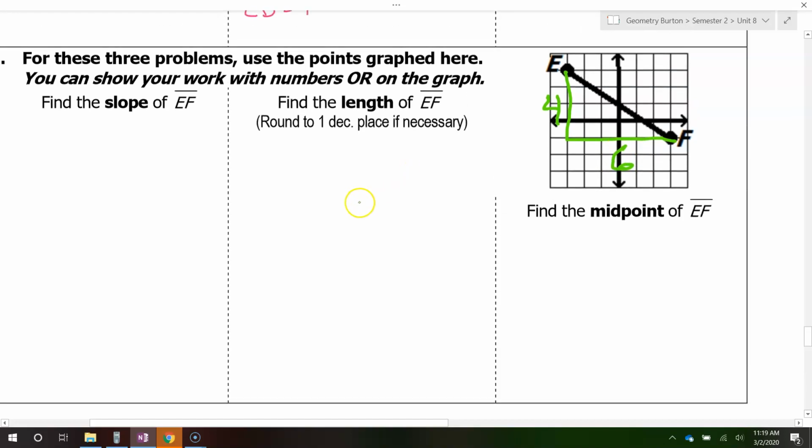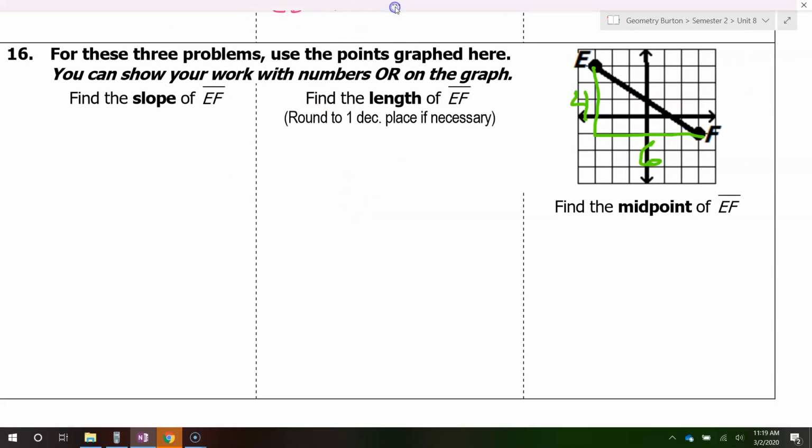All right, so when I do my slope in a second, rise over run, I'm thinking 4 over 6. However, this is going downhill from left to right. So that makes this negative 4 over 6. Or some people like to go, well, I went down and right, so that makes this a negative 4 and a positive 6.